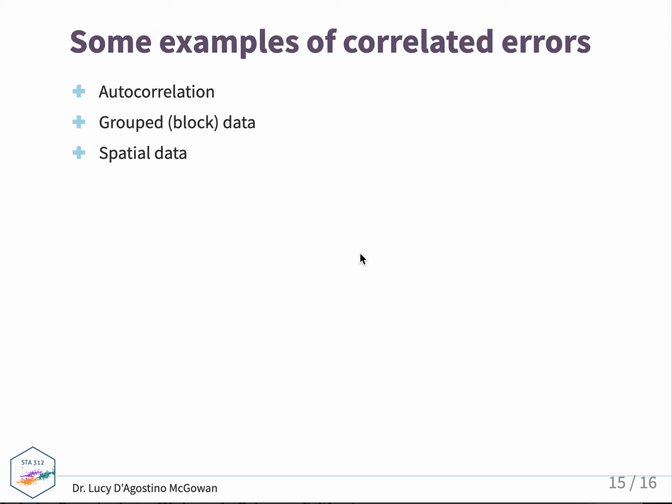So some other examples: we've talked about autocorrelation here, where when you have data over time, you expect them to be correlated. Other ways that errors can be correlated are grouped data, or what your book calls block data. The example I always like to give, I think we talked about this a while ago when we were talking about independence, is a study that looks at eyes. If you enroll 10 people and each person has 2 eyes in the study, and you perform some operation or apply some medication to these eyes, and you treat that as 20 independent observations, you would likely get the wrong answer.